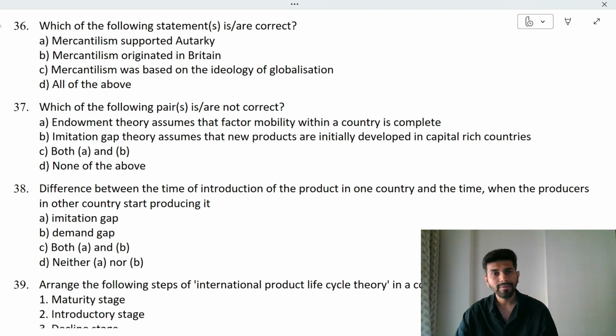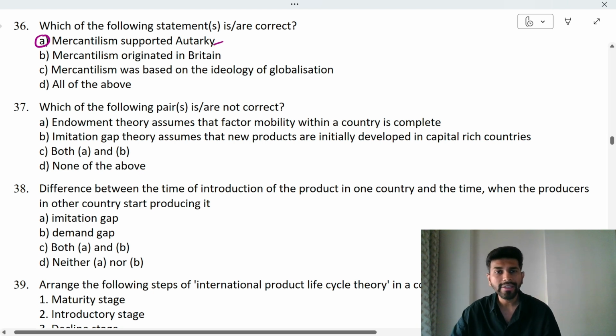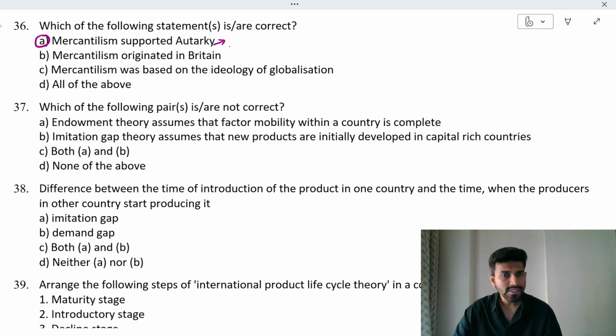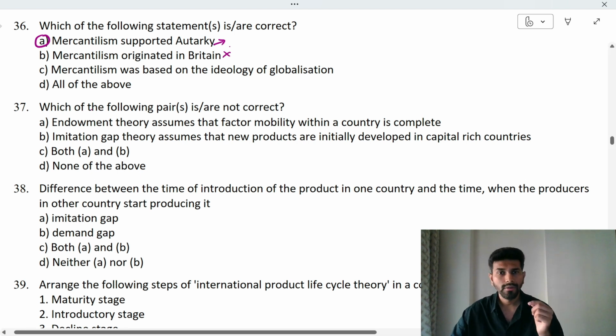So let's check. Mercantilism supported autarky is correct. A is correct because autarky is a characteristic of self-sufficiency. Next, mercantilism originated in Britain. Wrong. It originated in Europe.